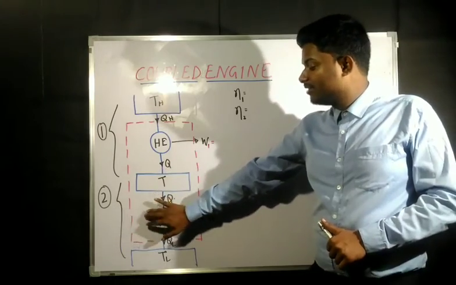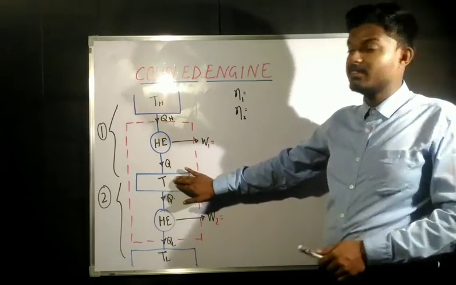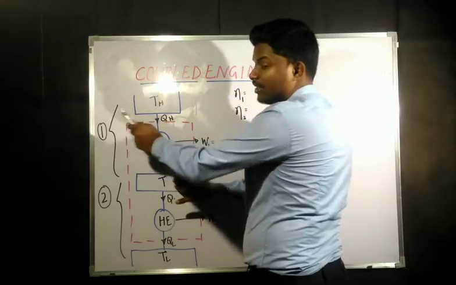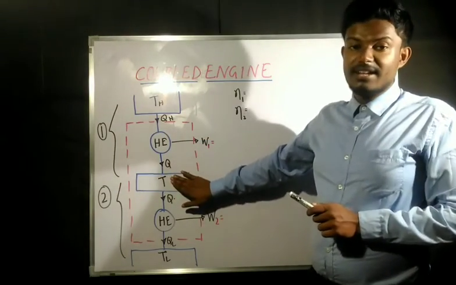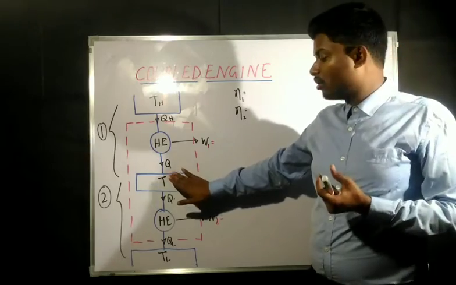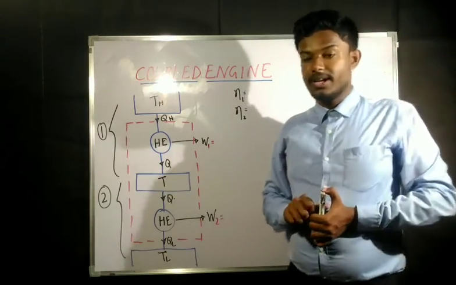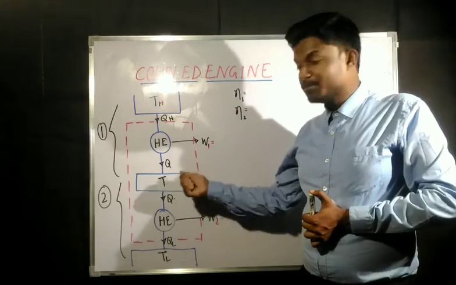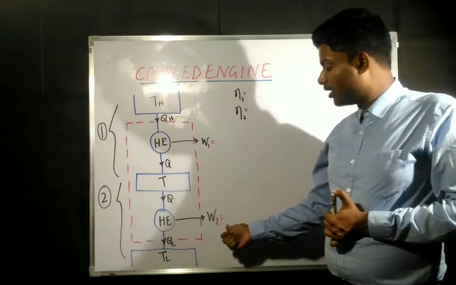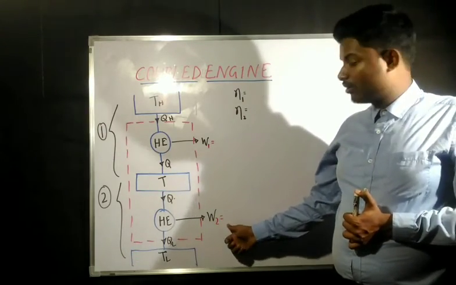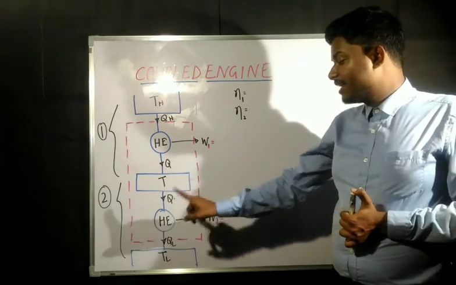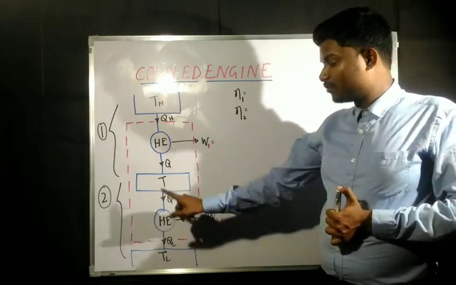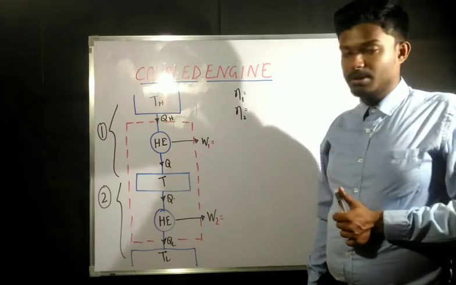Now the same sink which was used for heat engine 1 we use as the source of heat engine 2. We take heat out from this reservoir and get some work. Work coming out from heat engine 1 is W1, and work from heat engine 2 is W2.